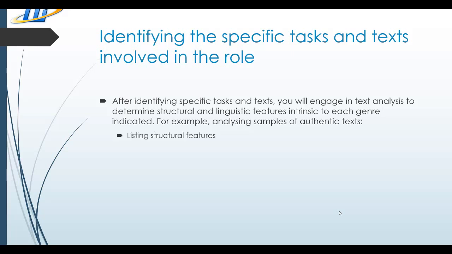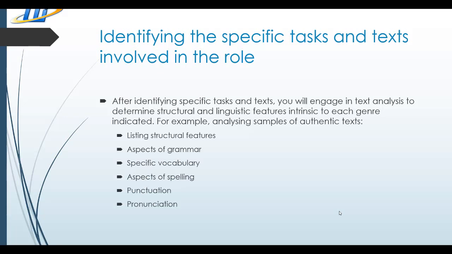Listing structural features, aspects of grammar, specific vocabulary, aspects of spelling, punctuation, and pronunciation that will likely be in need of development. You have already practiced this in Unit 2, Chapter 2, Analyse and Teach English Language, so you'll be familiar with the skill.